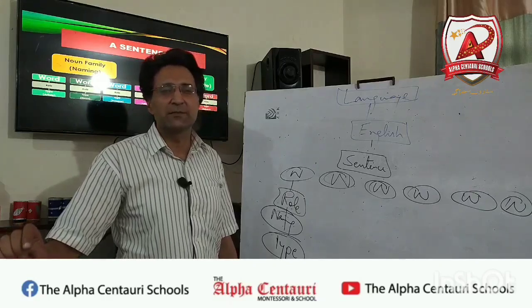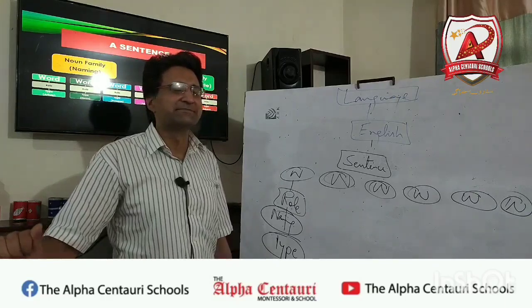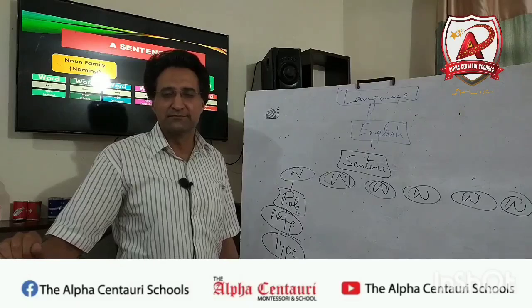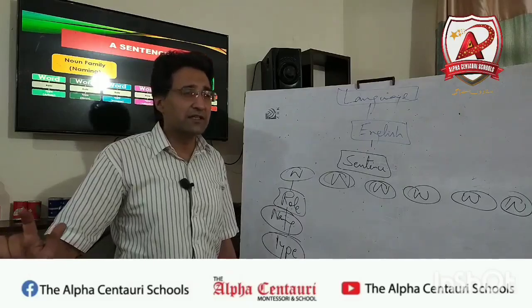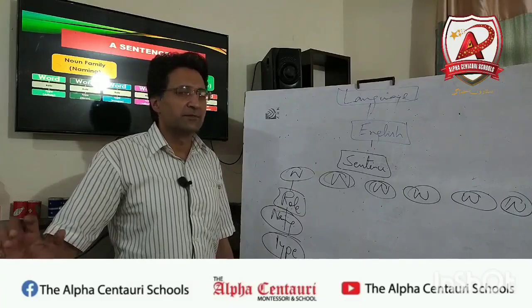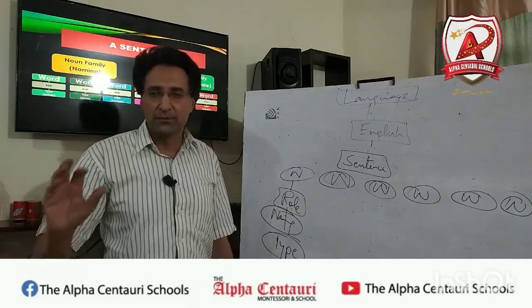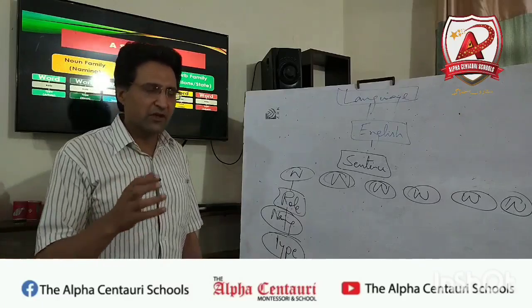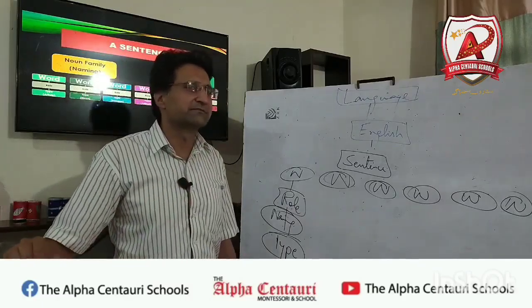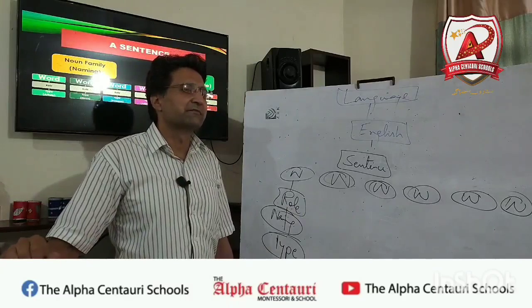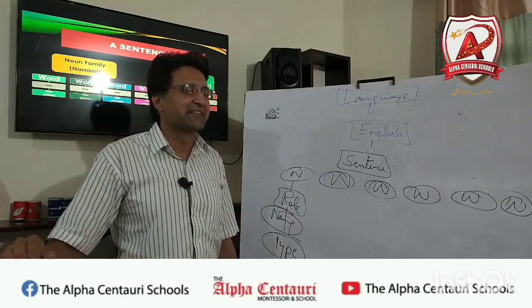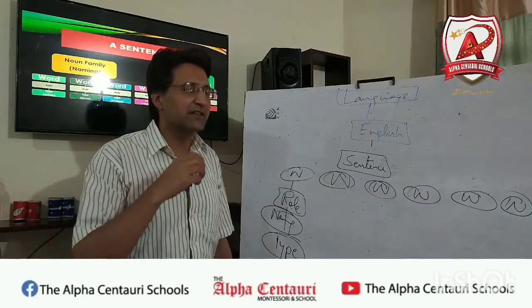Ji, for example, Jamil. For example, Salim. For example, Nasir. Jamil is what? Beautiful, na? Is beautiful a name or is beautiful a quality? Beautiful is a quality, na?